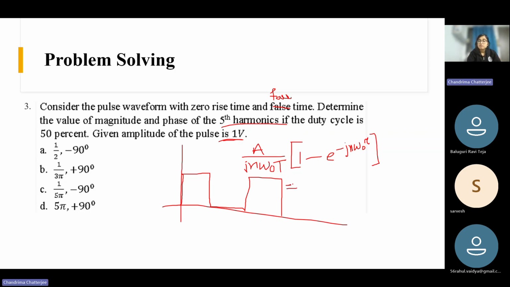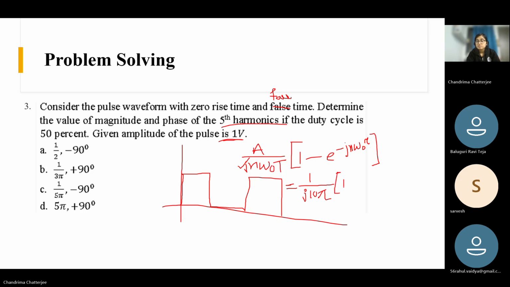So you can see the phase we can readily say. Phase there is plus 90 degree and minus 90 degree. So we have j over here. Most probably it will be minus 90 degree, but let's just see. A is 1, n is 5, and omega naught T will be 2 pi, so this is 10 pi over here.